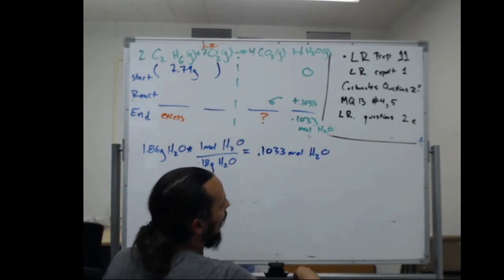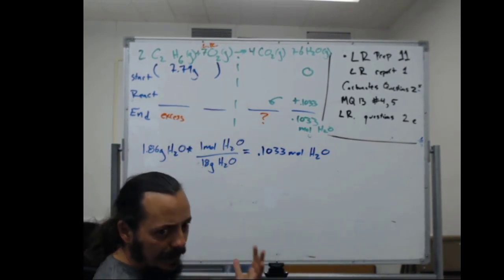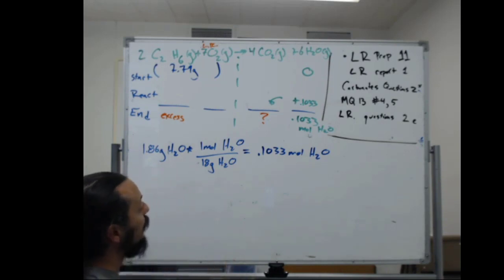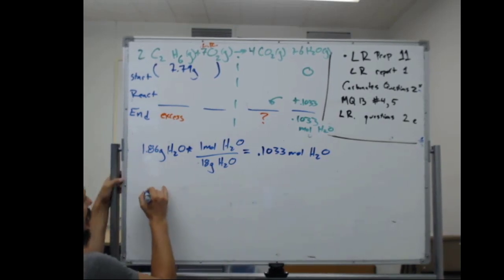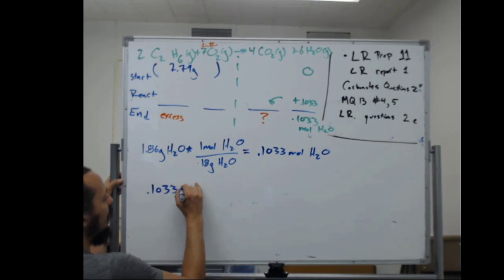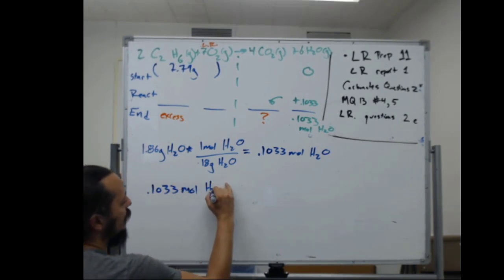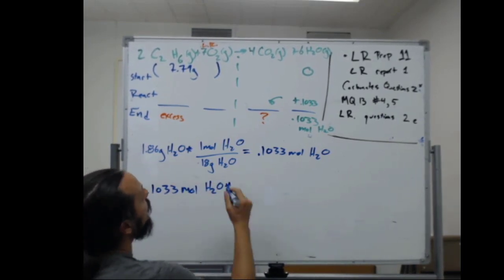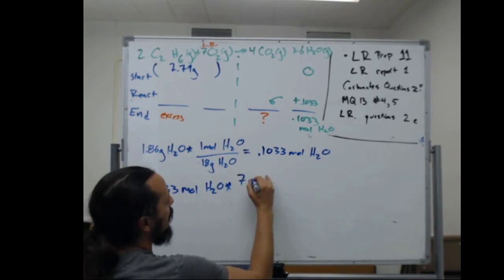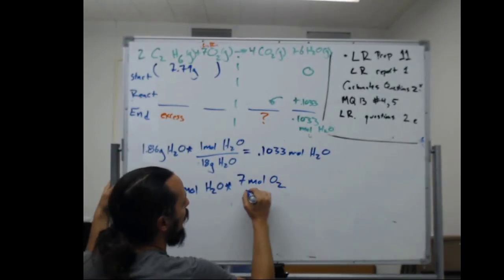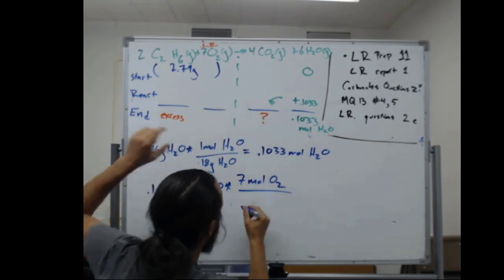right? This is kind of the trouble with doing it backwards, is we have to flip all of the thinking we've done previously. So I can say 0.1033 moles H2O times 7 moles O2 per 6 moles H2O.